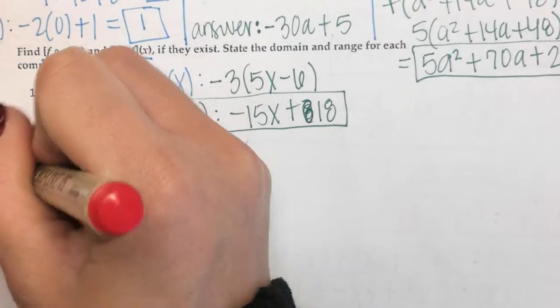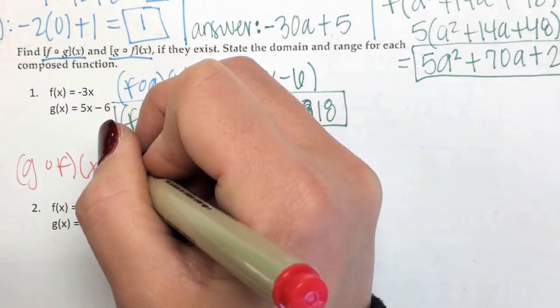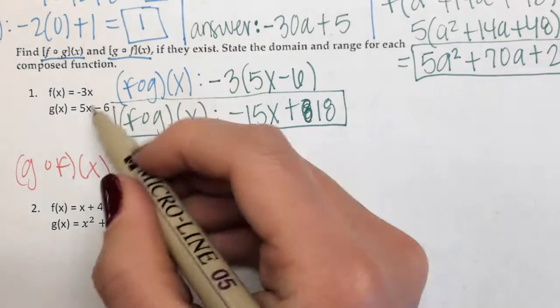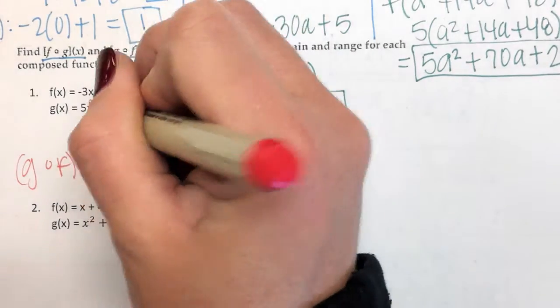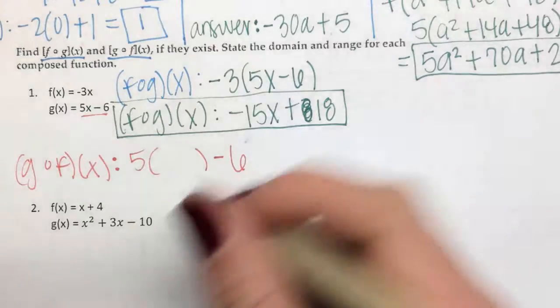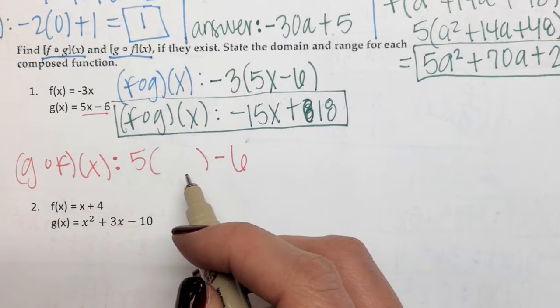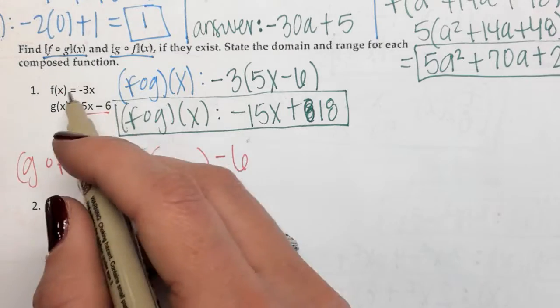Alright, now for g of f of x, you're going to start with which function? G, which is here. You're going to rewrite it, except don't put an x. So I'll write 5 parentheses minus 6. So everything stays the same except the x. And now you're going to plug what in? Yes, the whole thing.